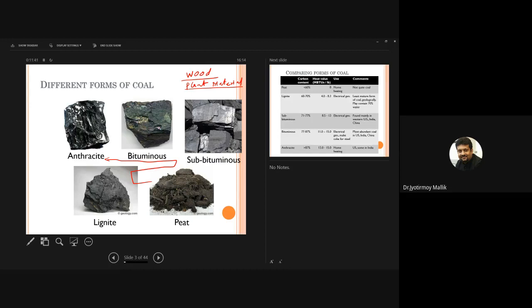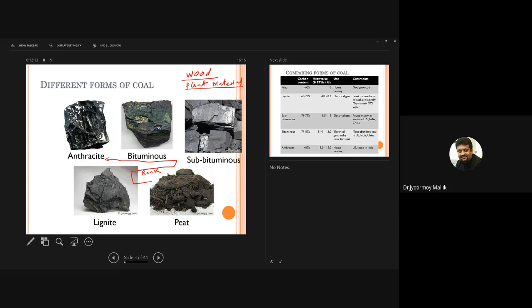So peat is almost something in between the plant material and coal. And the real coal actually starts from lignite, and then subbituminous, bituminous, and anthracite. What is happening here essentially is that we say the rank of coal is increasing.